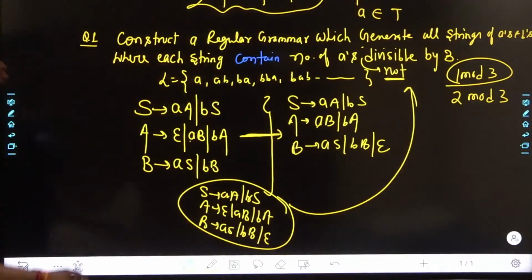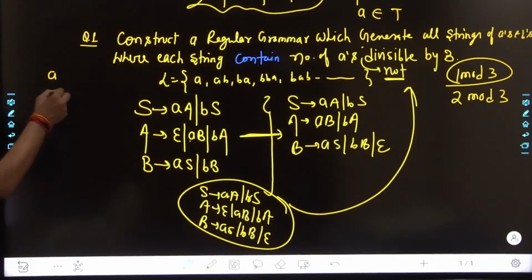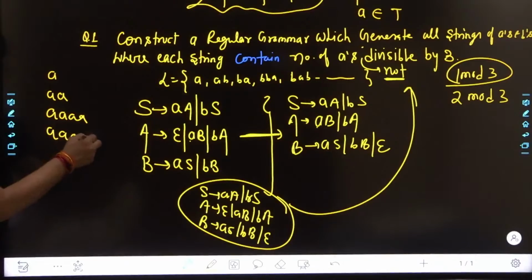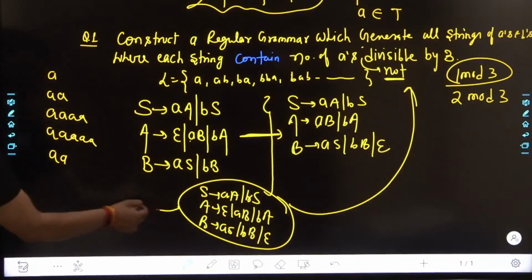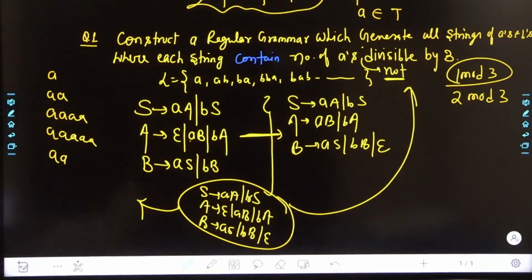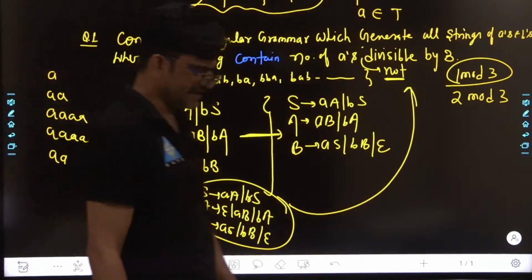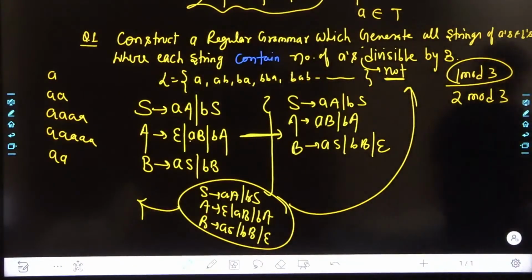Check, it generates single A, double A, 4A, 5A, 7A. So this grammar generates number of A's not divisible by 3. Clear?